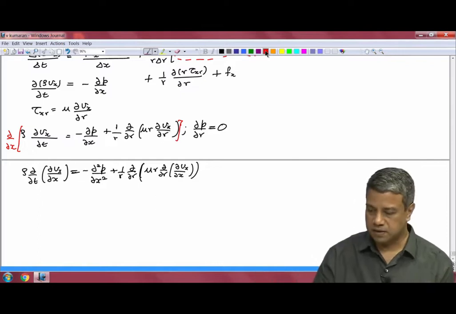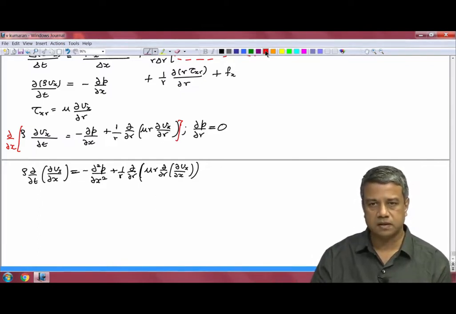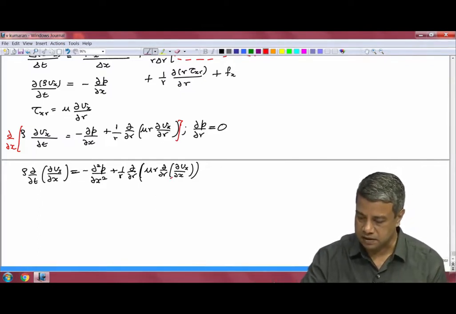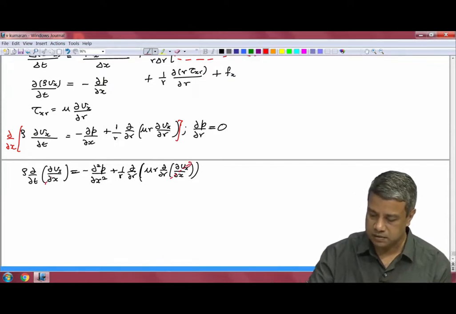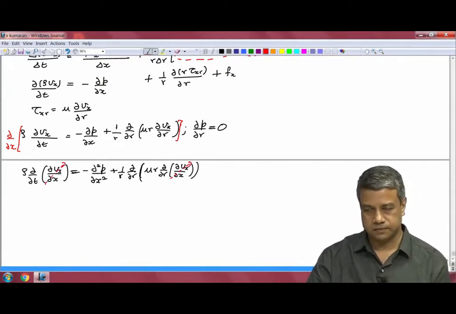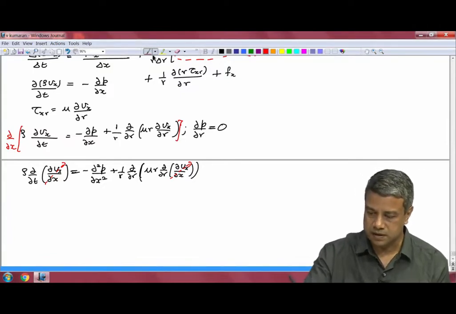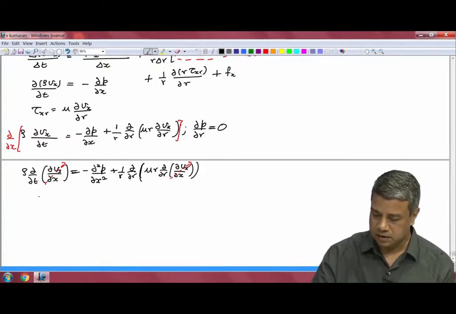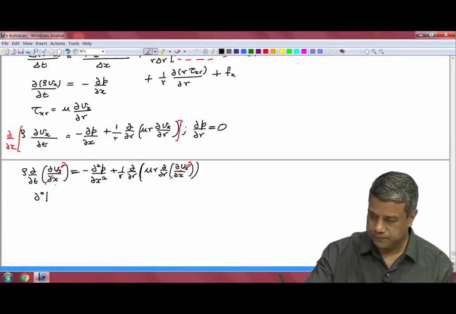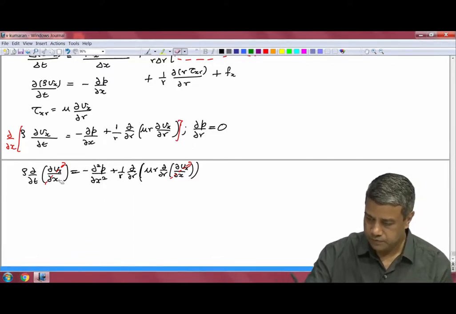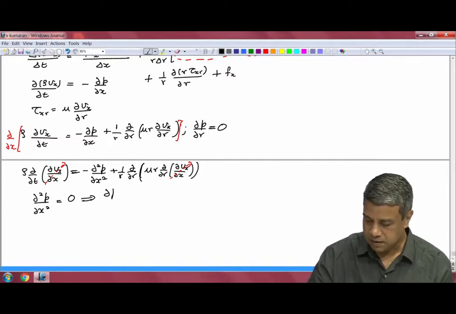Since it is a fully developed flow, there is no variation of the velocity in the x direction, which means that this is equal to 0 and this is equal to 0. So both the left and the right sides are equal to 0. Therefore, I get partial square p by partial x square is equal to 0, which means that partial p by partial x is a constant.